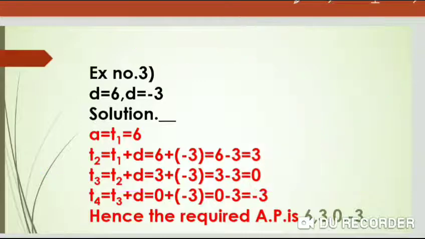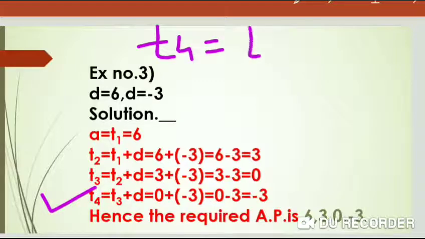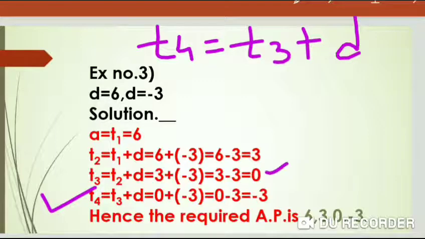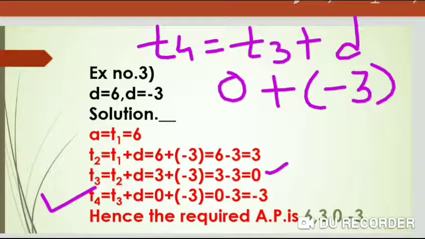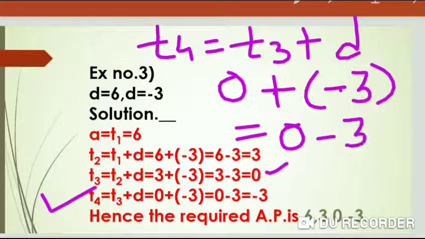Okay. Now see how we obtain the fourth term, that means T4. T4 is equal to again T3 plus D. Here the third term, that means T3, is equal to 0 plus the value of D is minus 3. Here 0 plus minus gives minus 3 and see here 0 minus 3 is equal to minus 3.